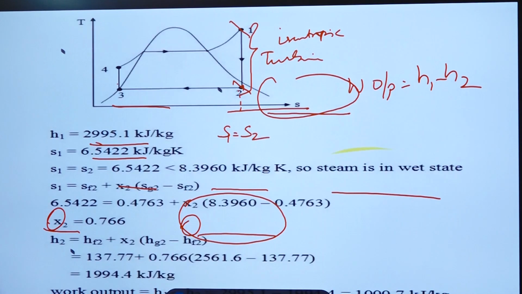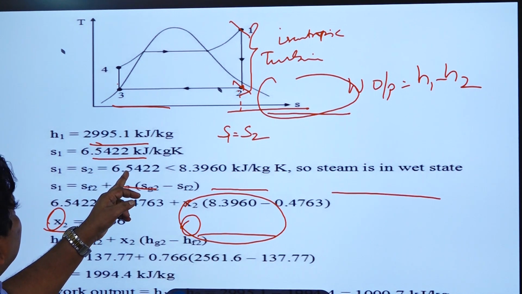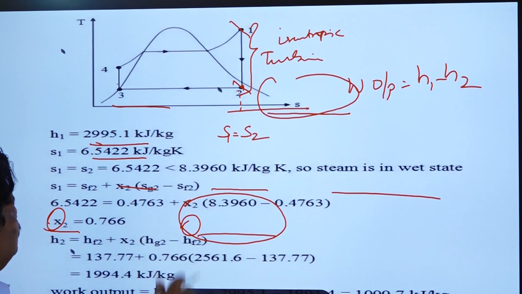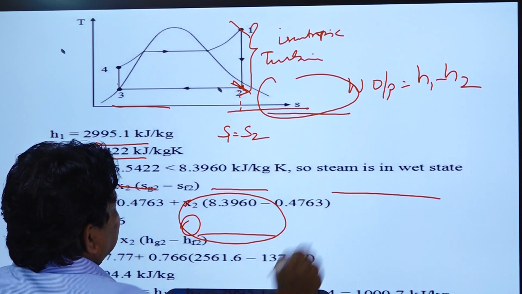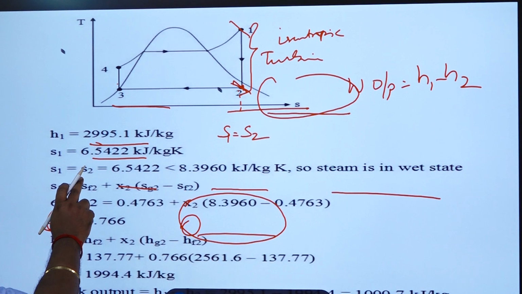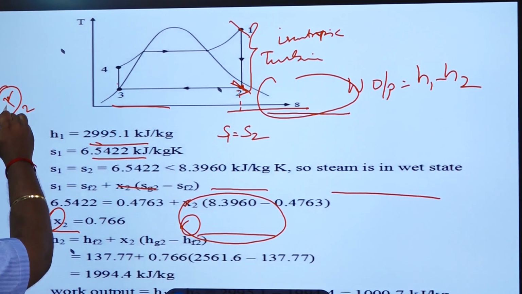So you can see here that S1 is equal to S2. Here S1 is less than the condition which is given at state 2. That means the steam is in the wet state. So you have to find the value of X, the dryness fraction at the second condition.